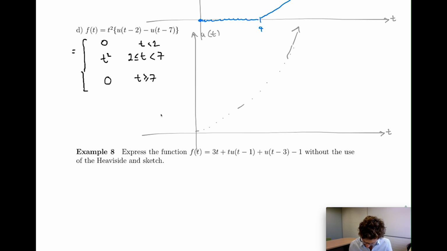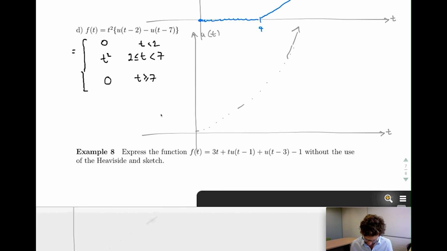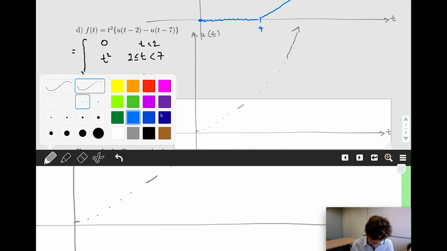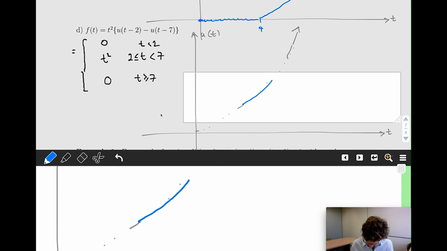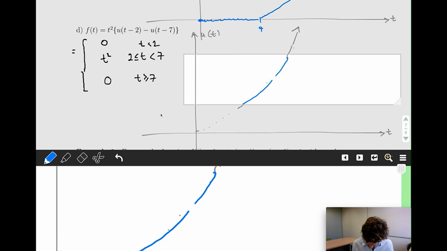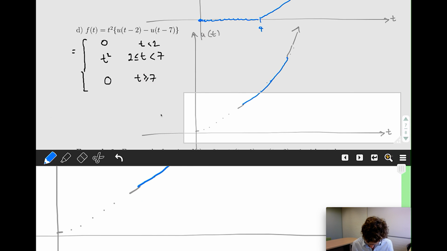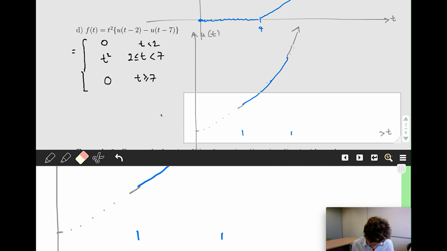But it's only going to be filled in between 2 and 7. So let's put that here. So here's 2 and here's 7.